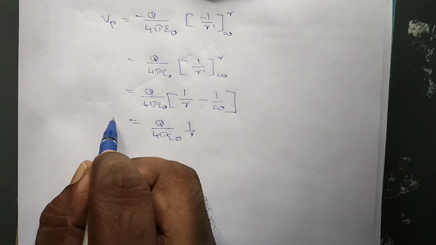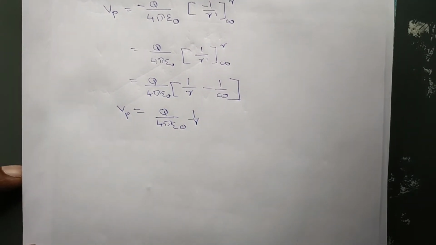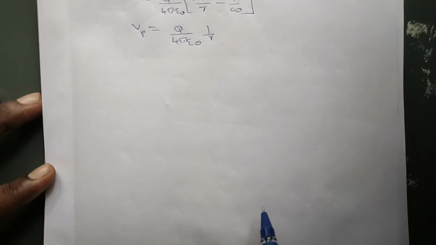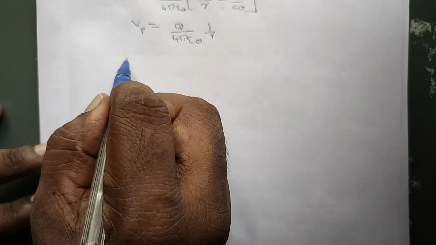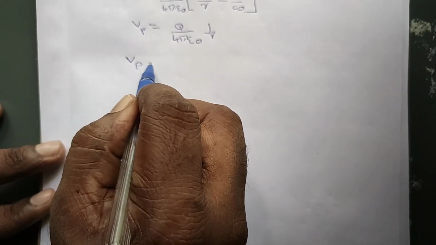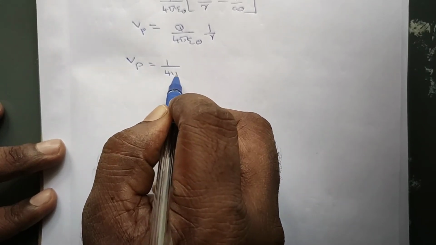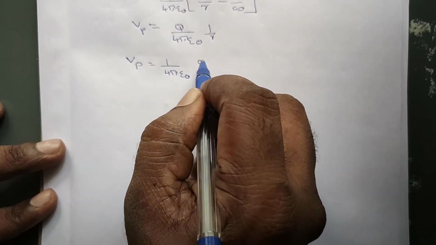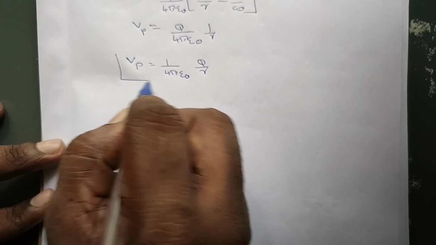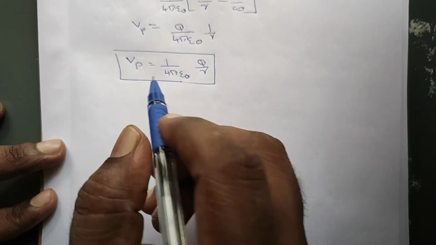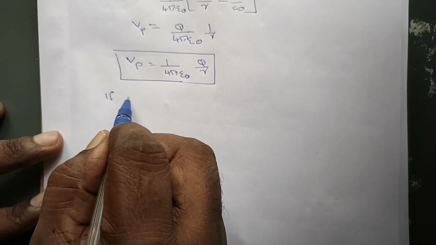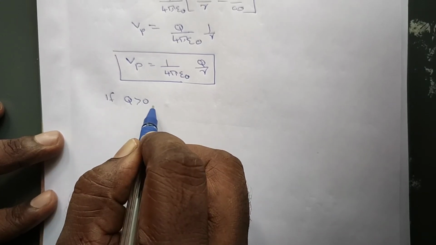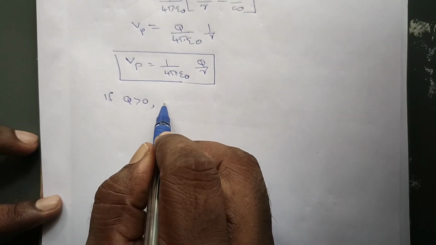1 by R. So electric potential at a point due to a point charge, Vp, is equal to what? 1 divided by 4 pi epsilon naught, Q divided by R. Okay? If Q is greater than 0, meaning positive charges, what about Vp?